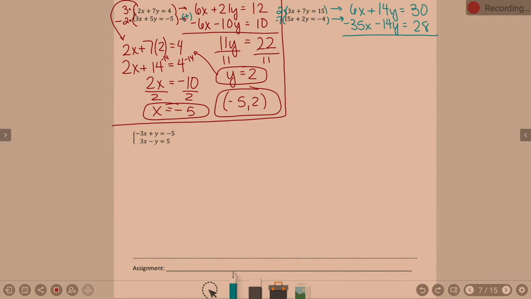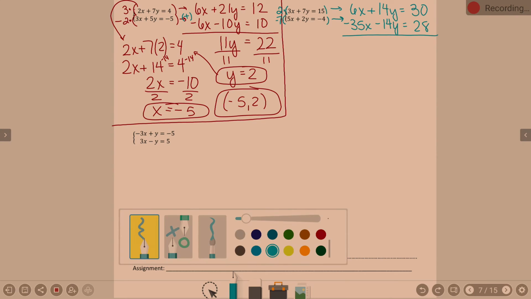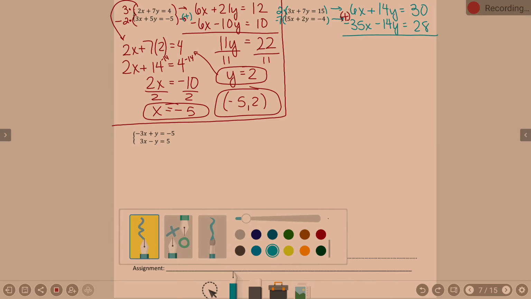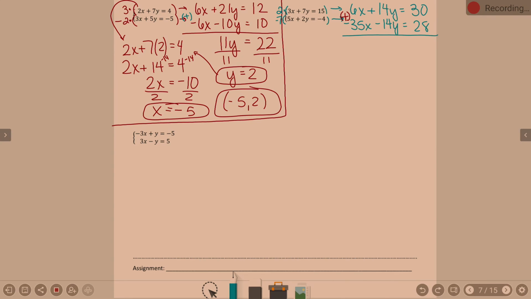And did I set myself up to add the two equations? Yeah, I've got positive 14y and a minus 14y. So this is going to be an addition problem, which is what you're always going to see me lead you guys to. 6x plus negative 35x, negative 29x. 14y plus negative 14y cancels.